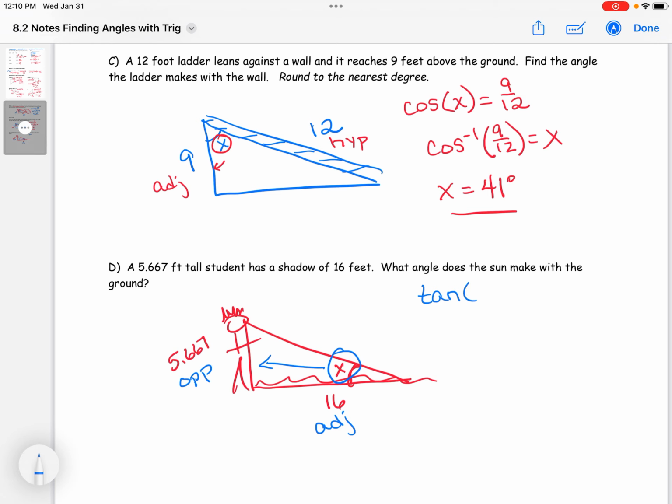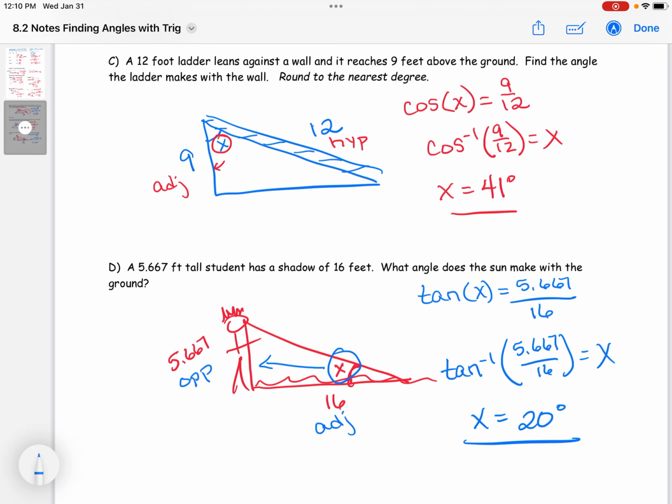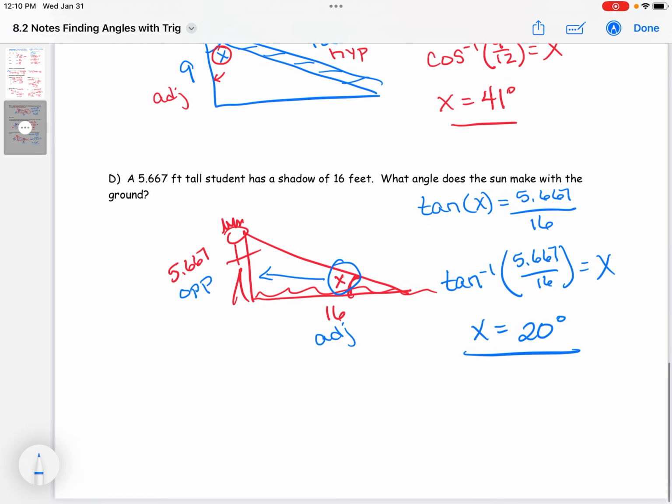So tan x equals 5.667 divided by 16. To find the angle, x equals second tan, 5.667 divided by 16. That makes 19.5, which is a 20-degree angle. All right, there you have it.